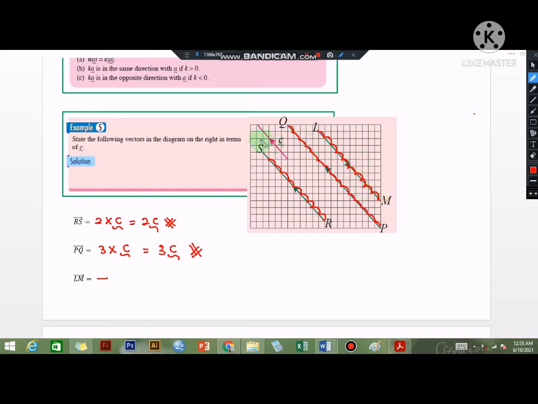So 10 units. This one 5 units, this one 10 units. So vector LM is equal to 2 times vector C. This one negative 2. So you need to do it like this: negative 2 vector C. So that's it. This is the final answer.